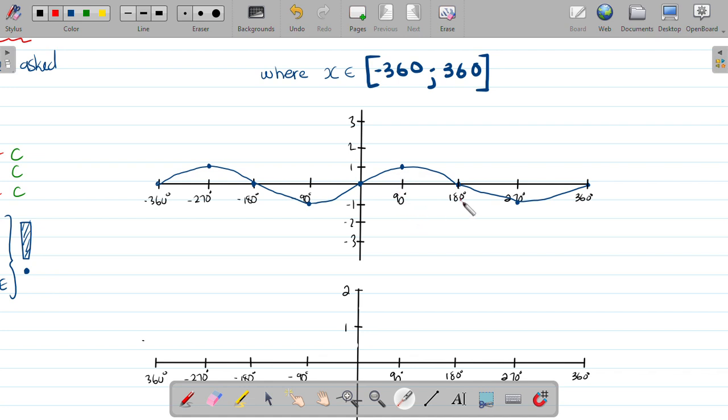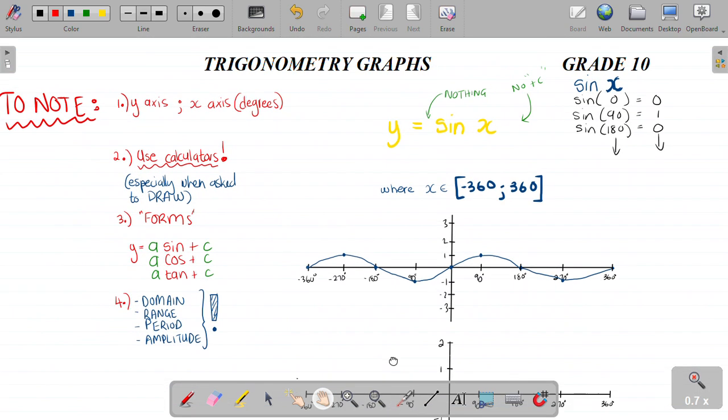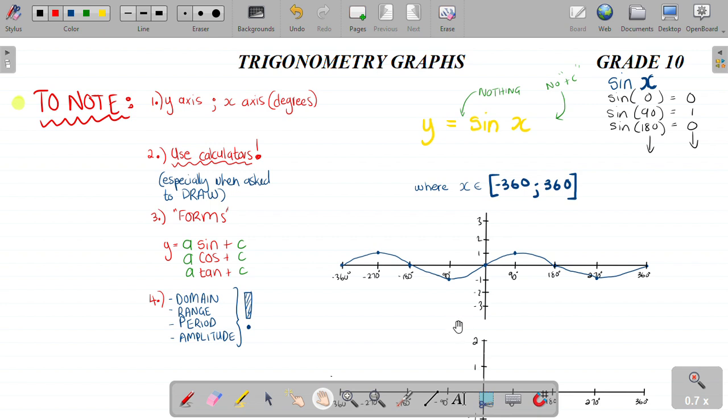You'll see there's 90 degrees, 180 degrees, and so on. And then there's negative 90, negative 180, and so on. So that is the difference with trig graphs, or how you're going to draw or lay out trig graphs with regards to your axes. I hope that makes sense.